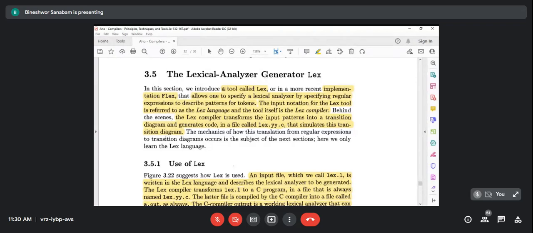Lex allows one to specify a lexical analyzer by specifying regular expressions to describe patterns for tokens. The input notation for the Lex tool is referred to as the Lex language, and the tool itself is the Lex compiler. So we're going to write the program in the Lex language, and the lexical analyzer generator is nothing but the Lex compiler.